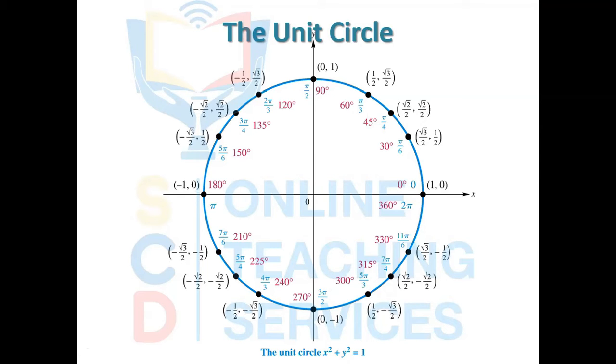Now in quadrant 2, you notice that our x is negative while our y is positive, right? You see, our x is negative 1, negative square root of 3 all over 2, negative square root of 2 all over 2, negative 1/2. So our x in quadrant 2 is negative while our y is positive. Correct?